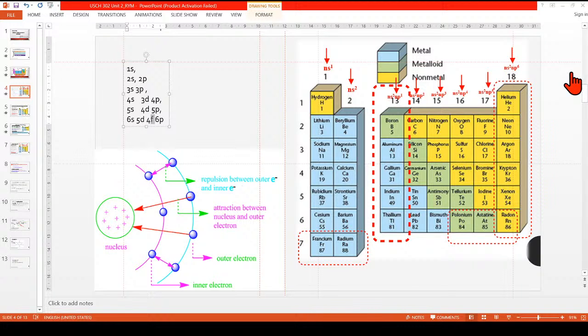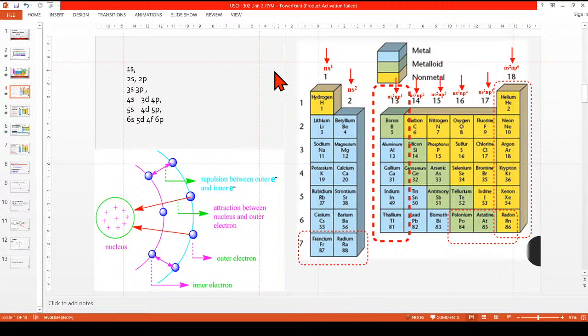Therefore one cannot give a proper increment or decrement in atomic size. It changes irregularly.